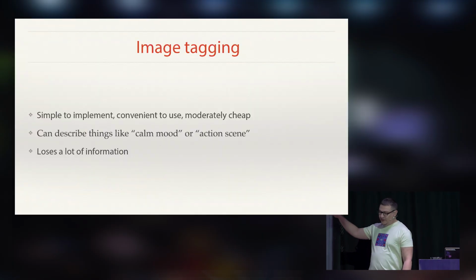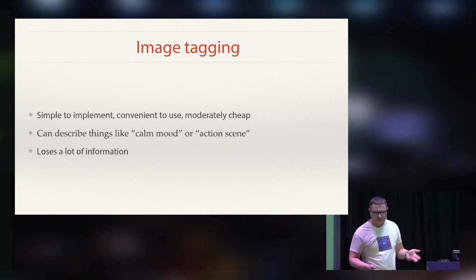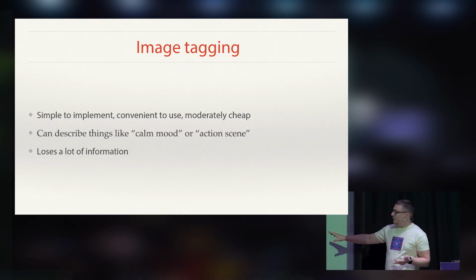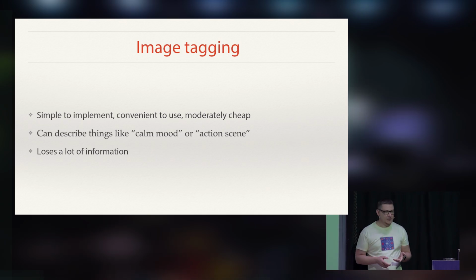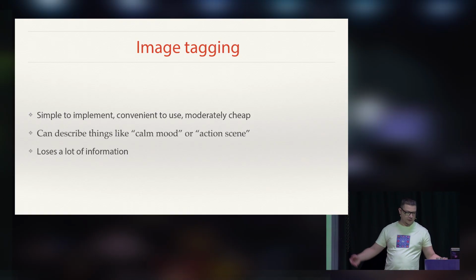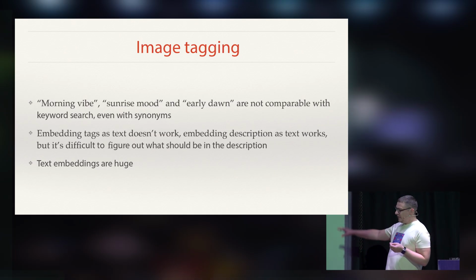Unfortunately, even though it's simple to implement and relatively cheap to use because the descriptions aren't that long, not many tokens, and you even get some non-visual stuff like mood or action scene, we lose a lot of information this way because there is a conversion process between the image, text, and whatever else we have right now for searching. So there are some other anomalies: a morning vibe and a sunrise mood are different words.